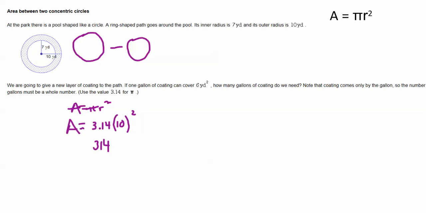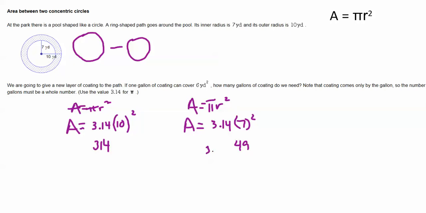Now we're going to find the area of the small circle. So again, starting with your formula, area equals pi r squared, and then we're going to substitute our information in that we know, 3.14, and the radius in this circle of the smaller circle is 7. So 7 in for radius. Again, exponents before multiplication. So 7 times itself is 49.